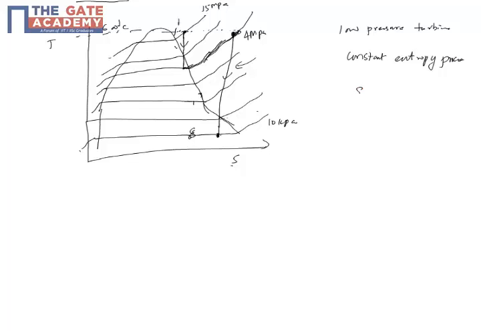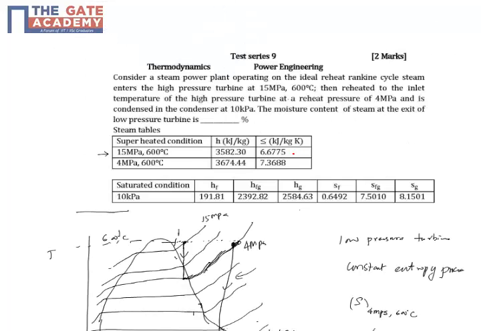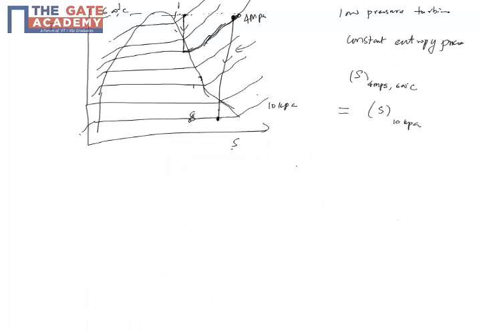So entropy at 4 MPa and 600 degrees Celsius is equal to entropy at 10 kPa. The entropy at 4 MPa and 600 degrees superheated, which is given in the first table, is 7.3688. That entropy remains the same here.